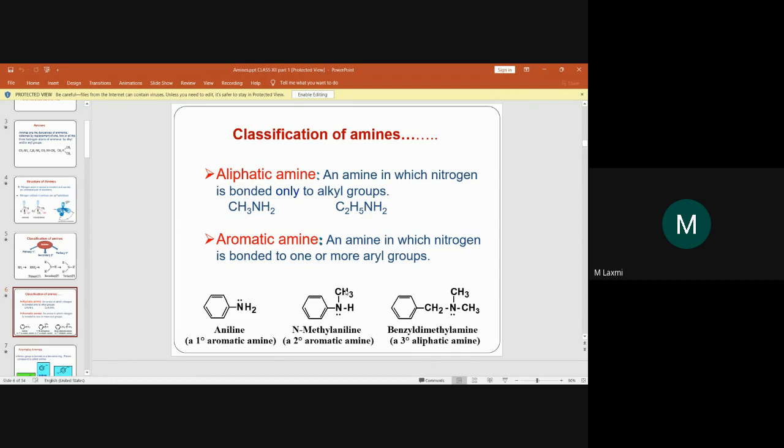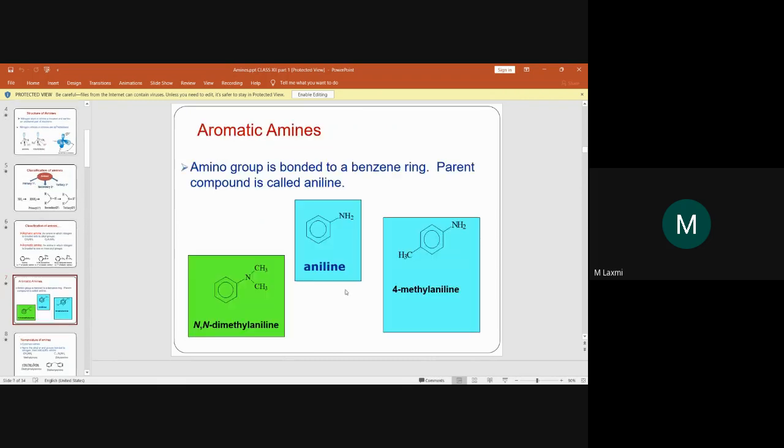So we have seen three classifications. First one is aliphatic and aromatic. Second one is classification of aliphatic amine into primary, secondary, tertiary. Third one is classification of aromatic amines into primary aromatic, secondary aromatic and tertiary aromatic. Then you have simple amines and mixed amines. So this is all about aromatic amines: an amino group attached to an aromatic ring.